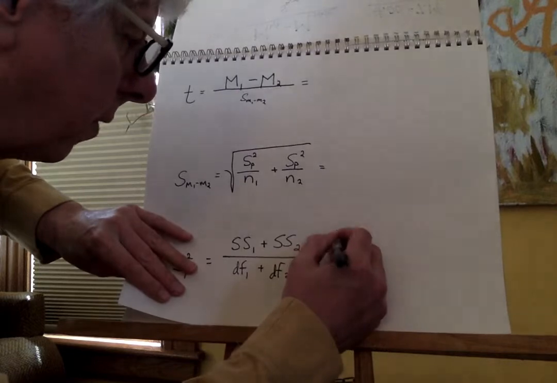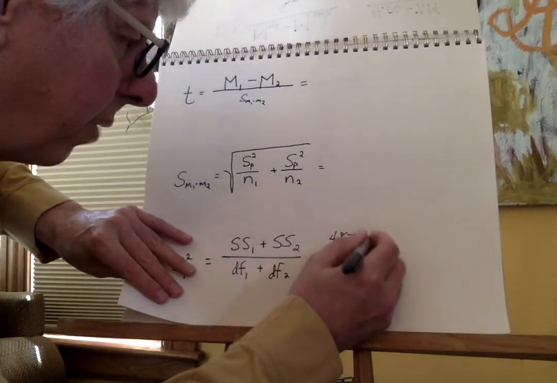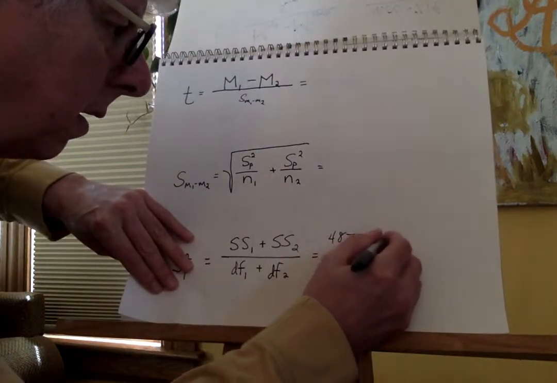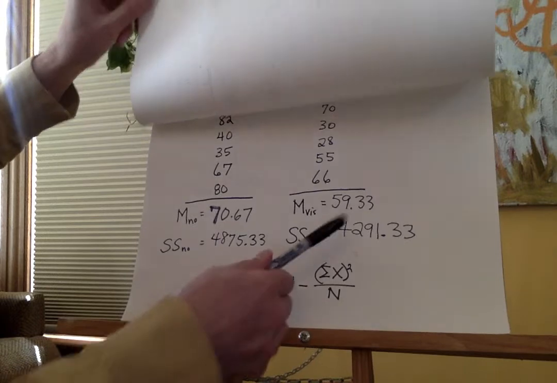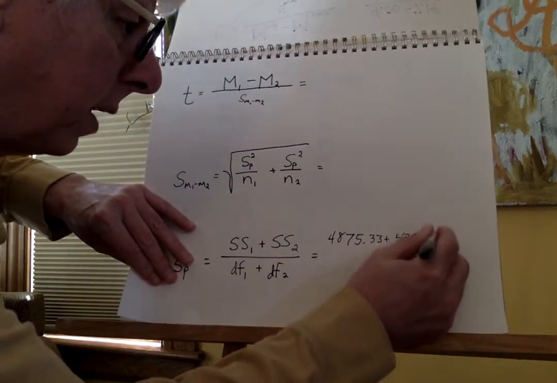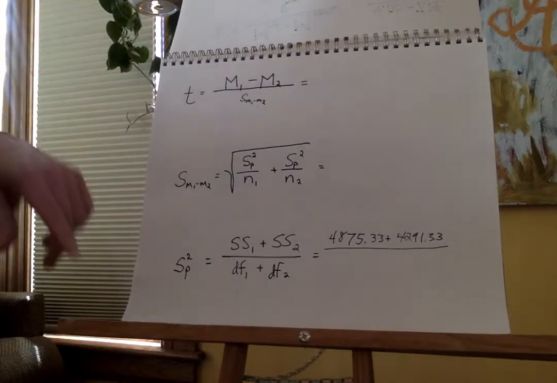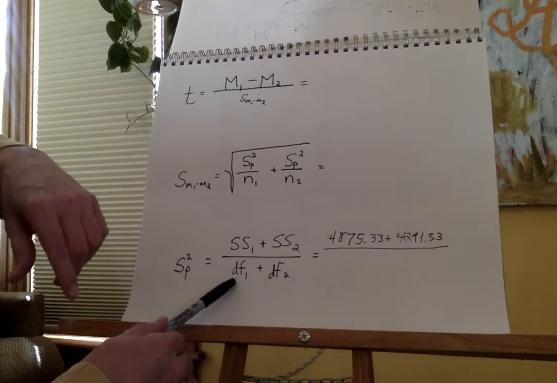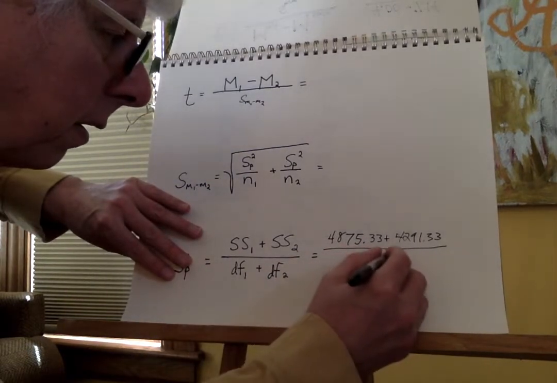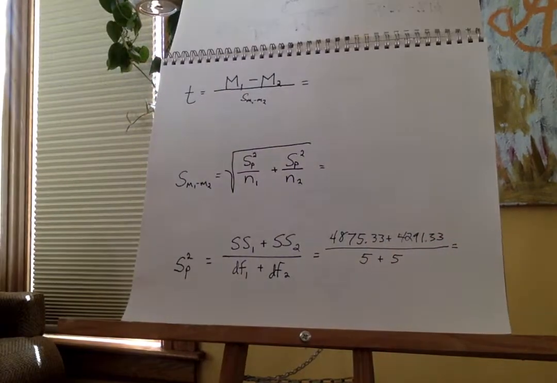Let's do this. 4875.33 plus 4291.33, all of that divided by 5 plus 5, okay? And so let's get that number.